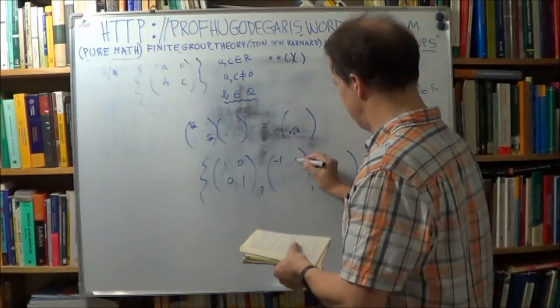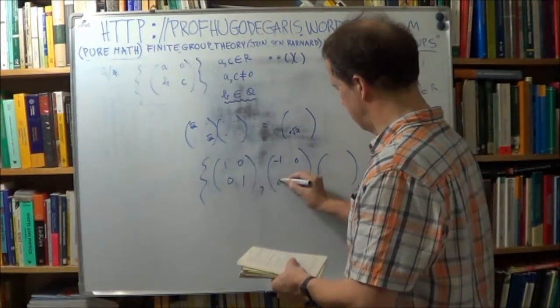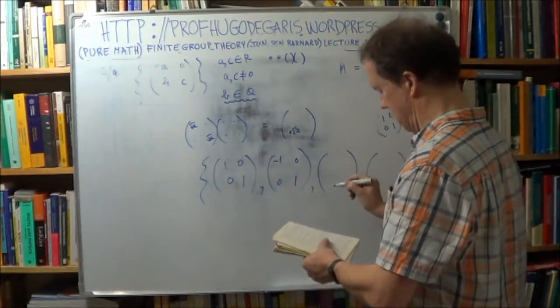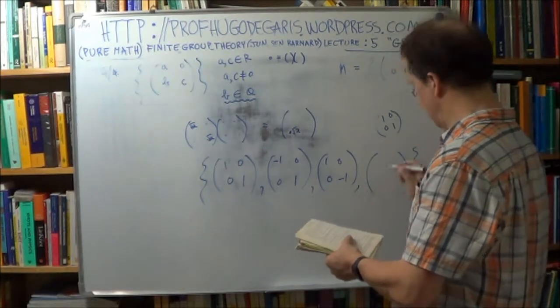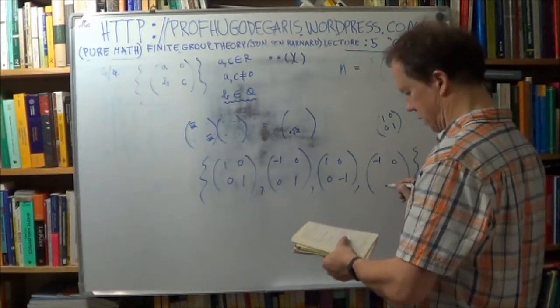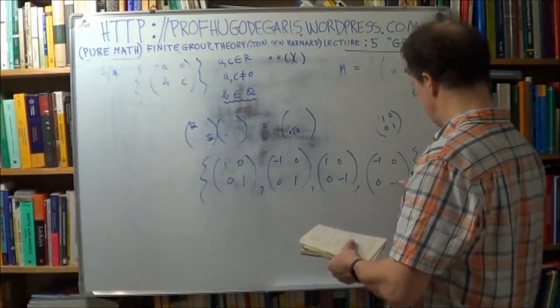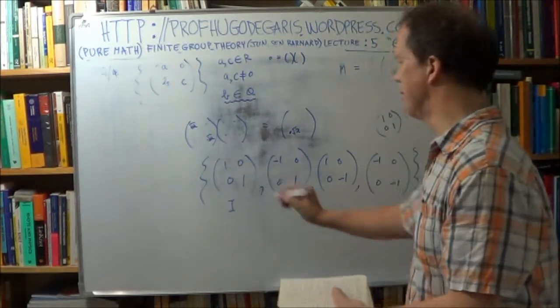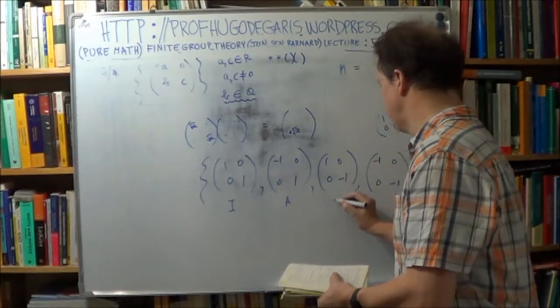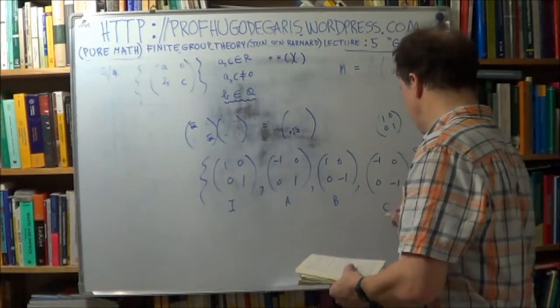Then -1, 0, 0, 1. And 1, 0, 0, -1. And -1, 0, 0, -1. Let's call the unit matrix I, and call the others A, B and C.